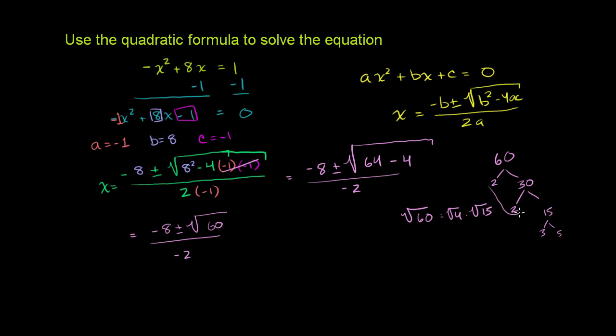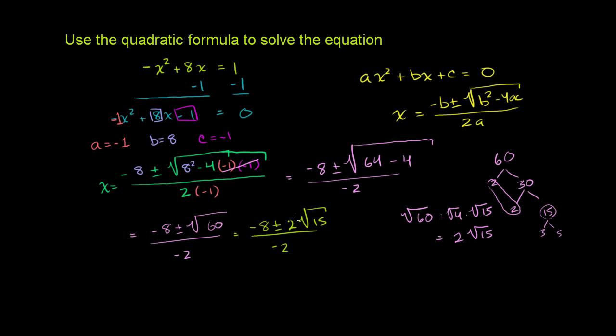The square root of 4 is 2, so this is 2 times the square root of 15. So we can rewrite this expression as negative 8 plus or minus 2 times the square root of 15, all of that over negative 2.